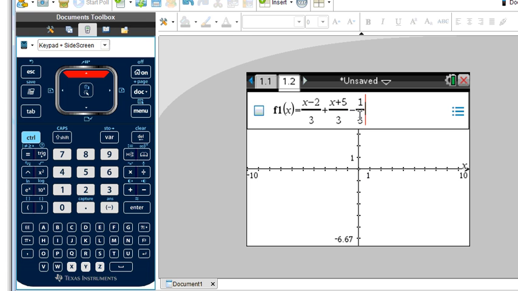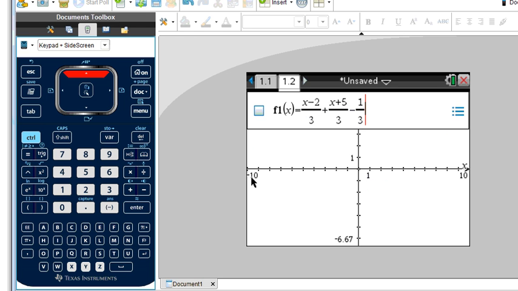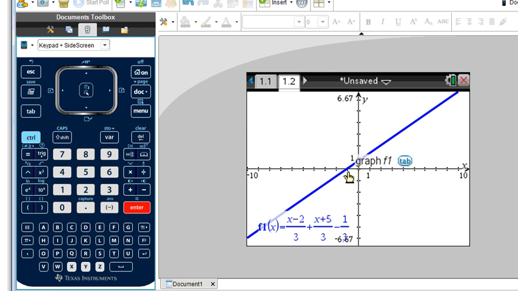What I did is I took the 1/3 on the right and subtracted it. Effectively, we're setting one side of the equation equal to 0, and I'll show that in more detail later on. Then we press enter, and we see right here at x equals negative 1 the graph touches the line. So that is a graphical confirmation.